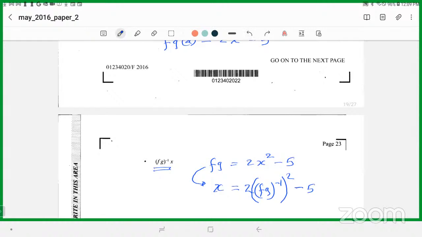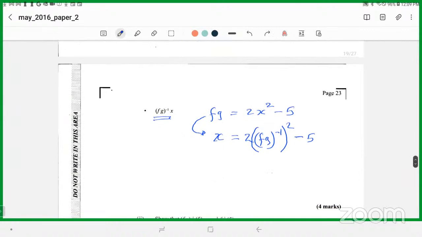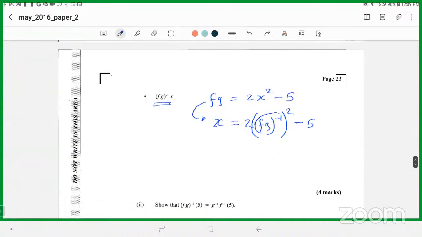Yes, sir. All right. And then we're transposing everything away to leave this as a subject. So first thing, we're going to carry over the 5, add it, and then divide by the 2, step by step. So it's going to become x plus 5 over 2 equals fg to the minus 1 all squared. Then to get rid of this square, we have to take the square root of both sides.